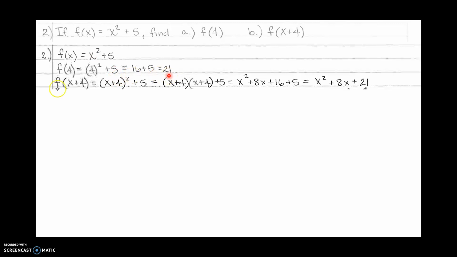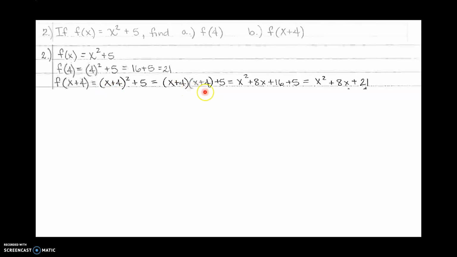All right, then f of x plus 4 means the same thing. Put x plus 4 in the place of x. So if I put x plus 4 in the place of that x right there, that would be (x plus 4) squared plus 5. (x plus 4) squared literally means (x plus 4) times (x plus 4). You have to FOIL that out. You can't just square the x and square the 4.